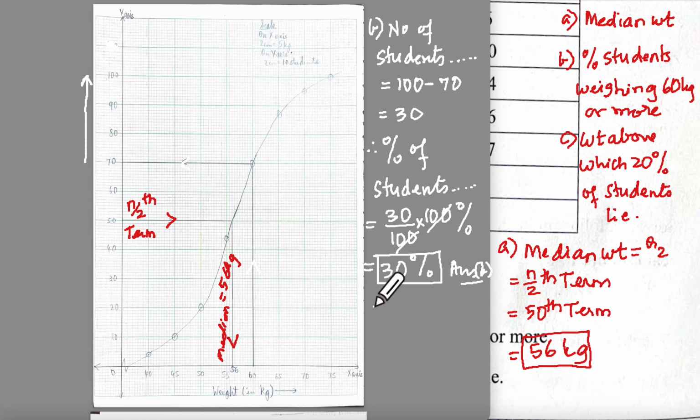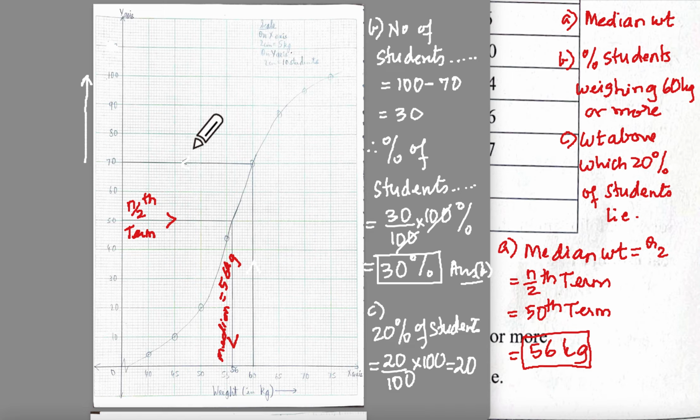Then we come to the C part, weight above which 20% of the students lie. So you are going to say 20% of students means it will be 20 upon 100 into 100, which means 20 students, correct? The weight above which 20% of the students, where are the students? 20 here.